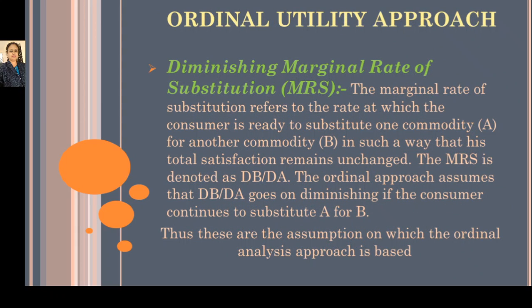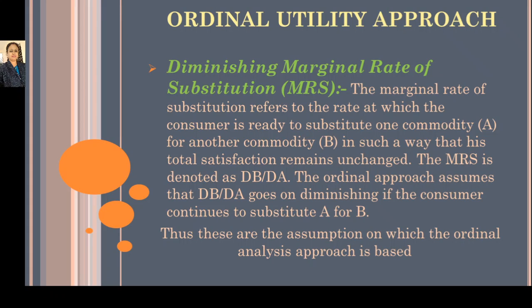Diminishing marginal rate of substitution. This is the most important feature, or assumption, of the ordinal utility approach. The marginal rate of substitution refers to the rate at which the consumer is ready to substitute one commodity A for another commodity B in such a way that his total satisfaction remains unchanged. The marginal rate of substitution is denoted as dB by dA.